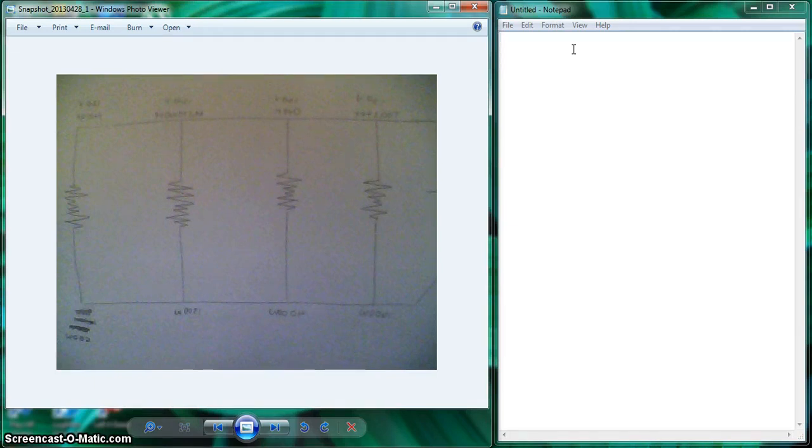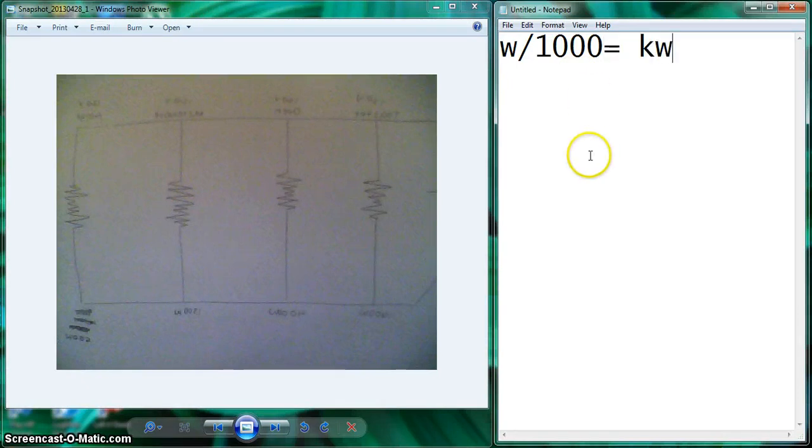All you pretty much do is take the watts and divide it by 1,000, and you get kilowatts. Eventually this leads to kilowatt hours, which you can use to find out how much energy each appliance uses through each billing period or something like that.